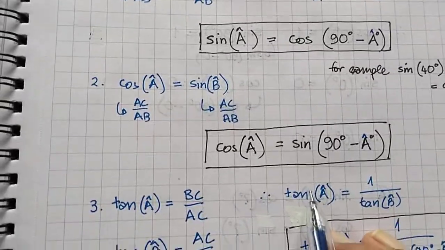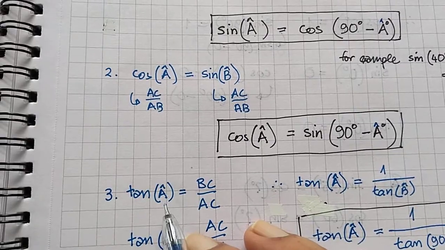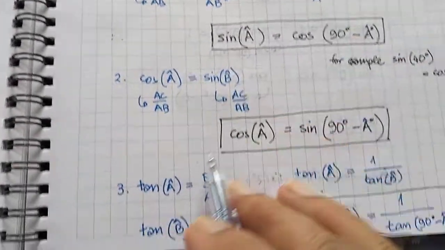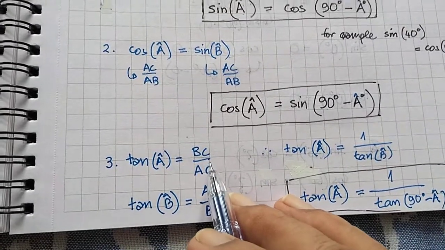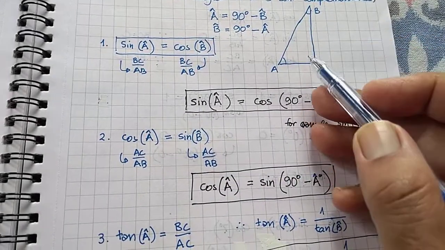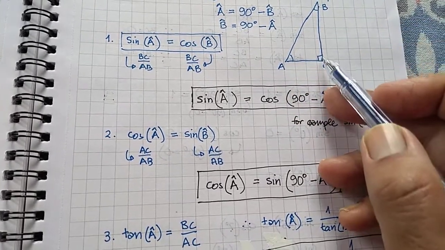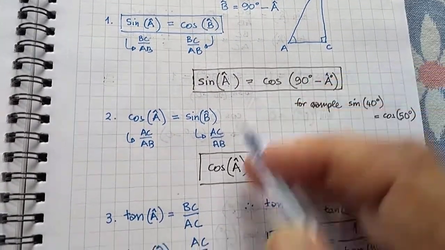Now, let's take how tan of A, tangent of A, and tangent of B are related. So tangente de A c'est égal à BC sur AC. Oui, côté opposé sur côté adjacent.